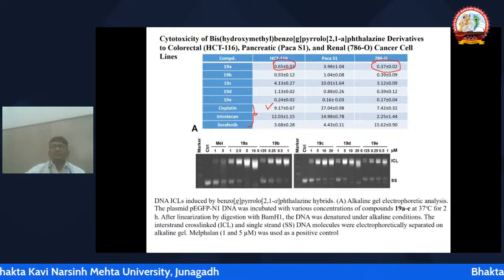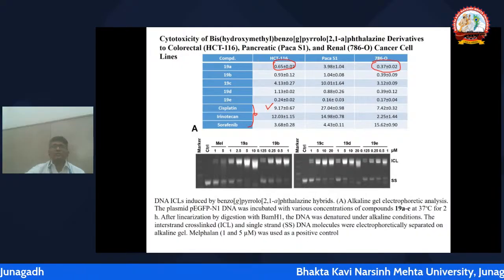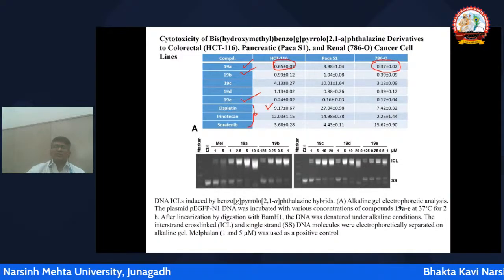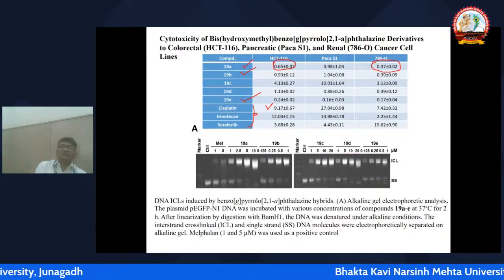So we can say this 19A gives a promising biological activity. Similarly, 19B and 19E give very promising biological activity. So we have checked these molecules.